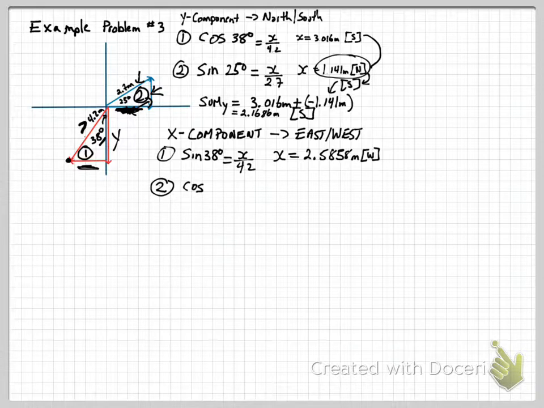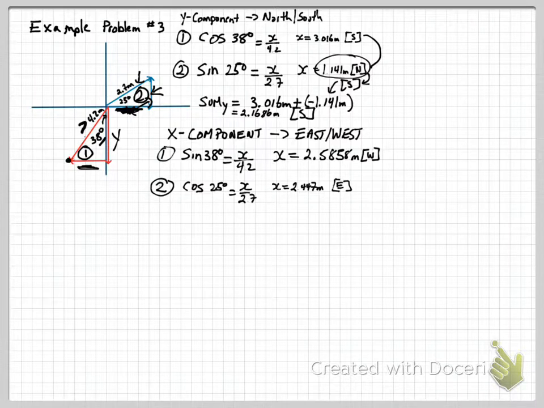So it's the cosine of 25 degrees equals x over 2.7. And then x is going to now equal 2.447 meters. And that is now going east.